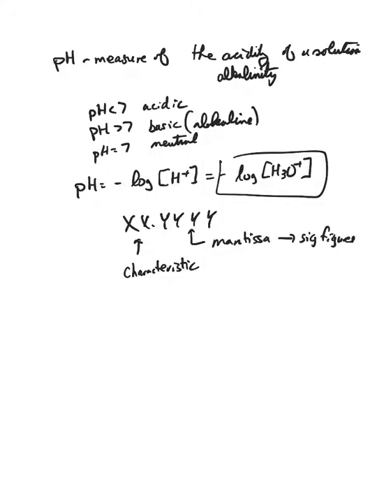In a logarithmic world, now we've moved out of base 10, or regular decimal world, into a logarithmic world, the number of decimal places equals the number of significant figures in a logarithmic number.